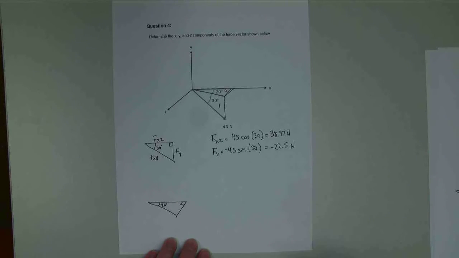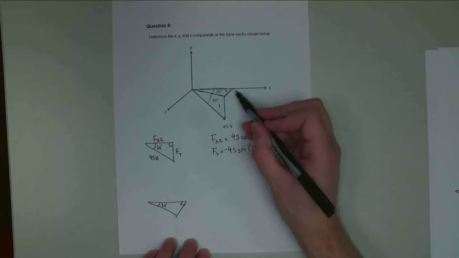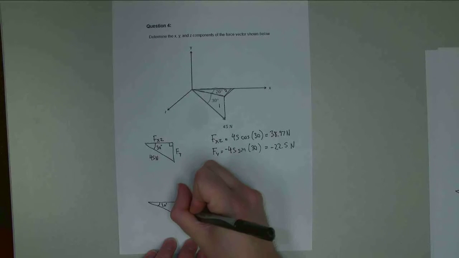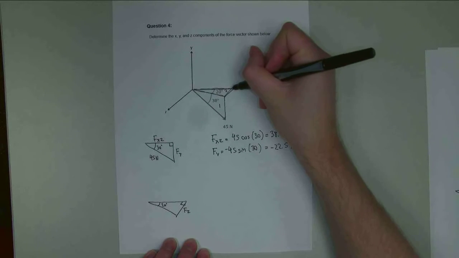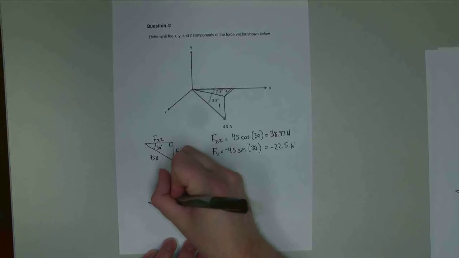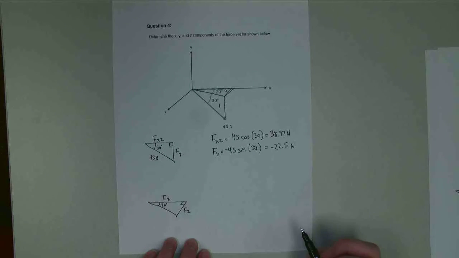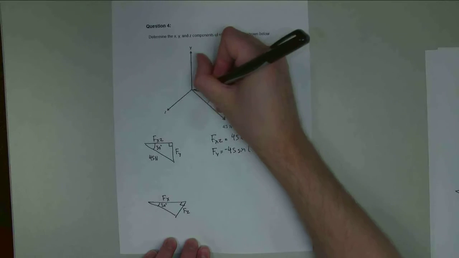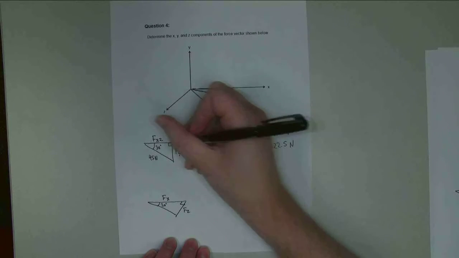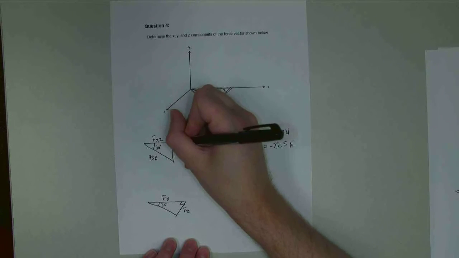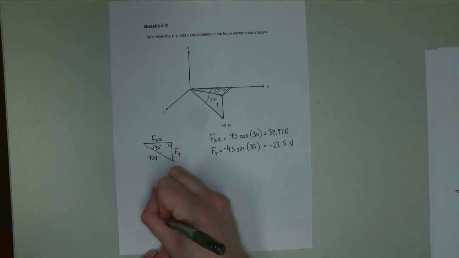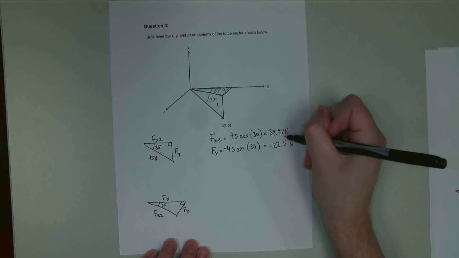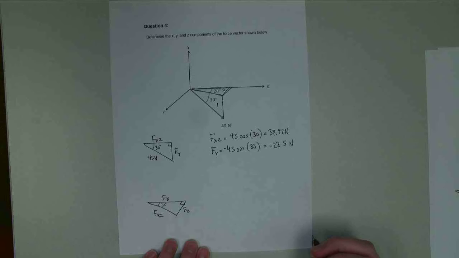This part over here is in the z direction, that's going to be Fz, and this part right here is in the x direction, so this is Fx. The hypotenuse of this triangle is the leg up here, so Fxz is my hypotenuse, and that is 38.97 newtons.